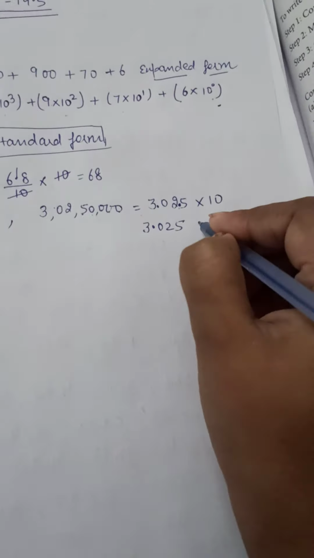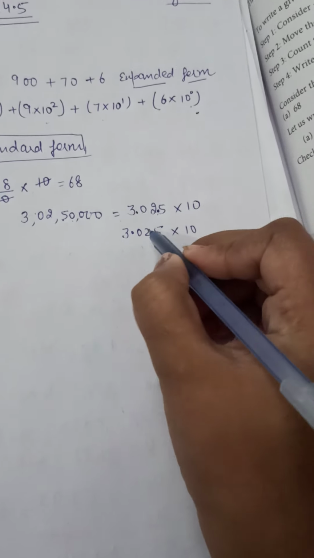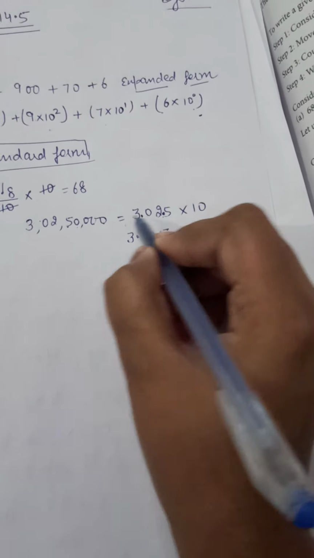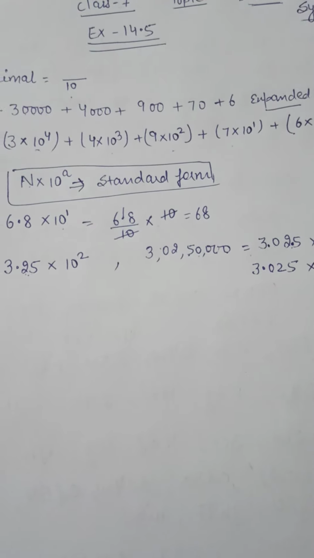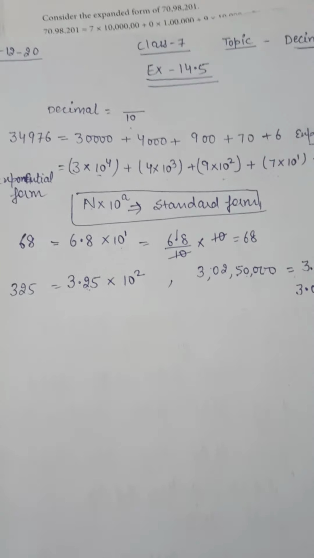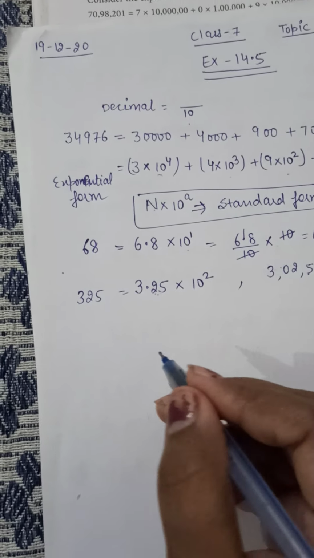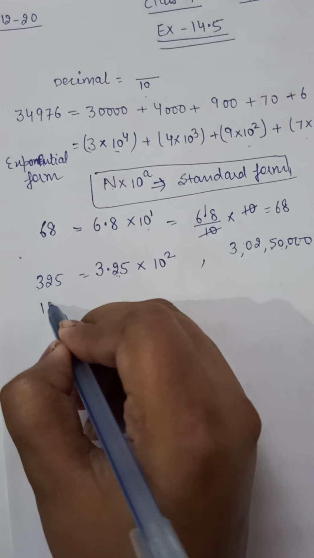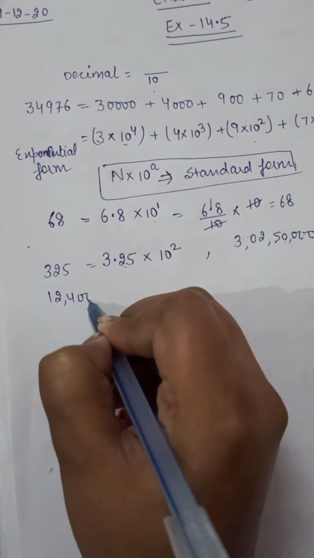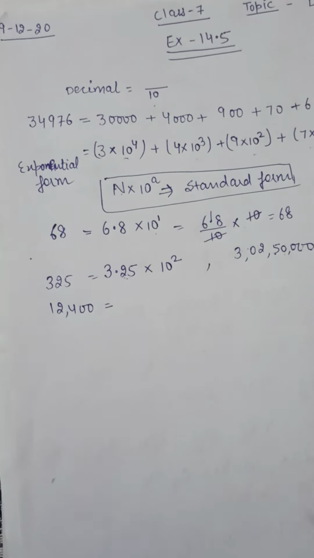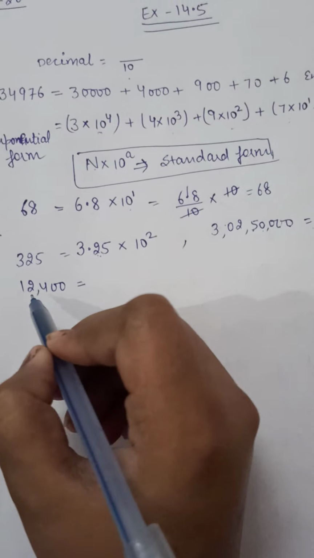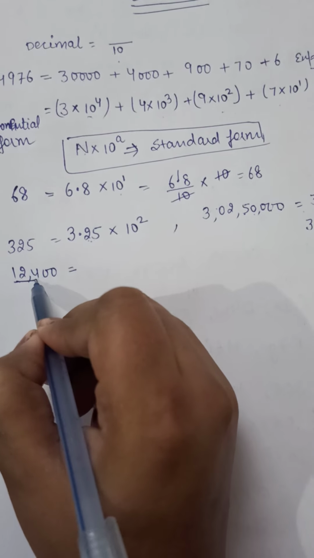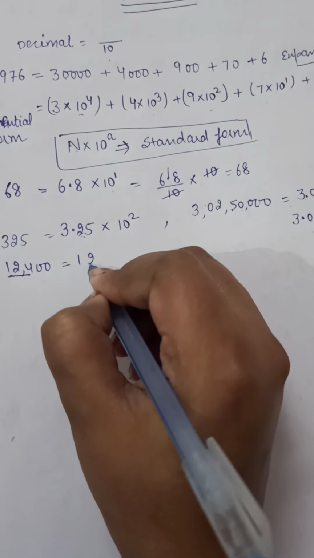So now multiply with 10. How many digits are there? 1, 2, 3 and 4 zeros. So 3 plus 4, 7. Like one more question, see here: 12,400. Always keep in mind when you are writing any number in the standard form, this is the number 1, 2, 4.